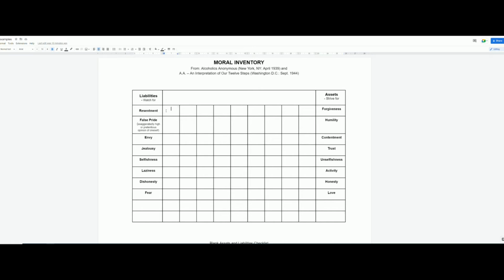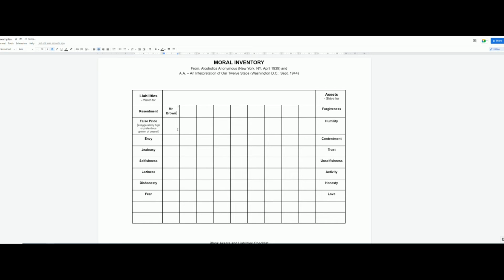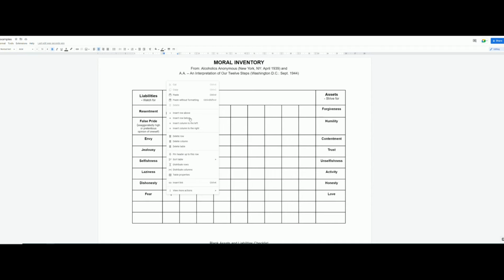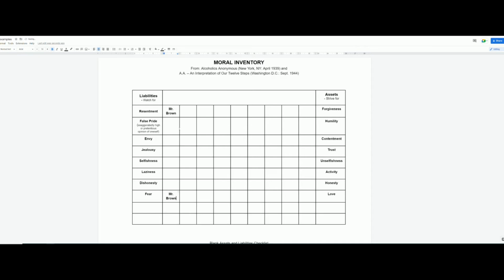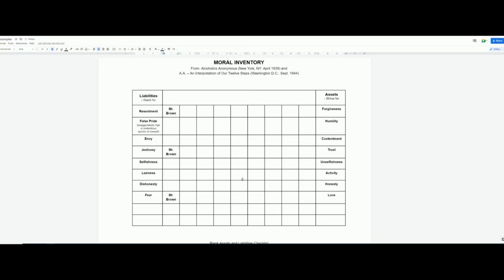So say for resentment, as on page 65, Mr. Brown. I also then feel fear from him and jealousy. That's it. That's all we're asking you to do at that stage.